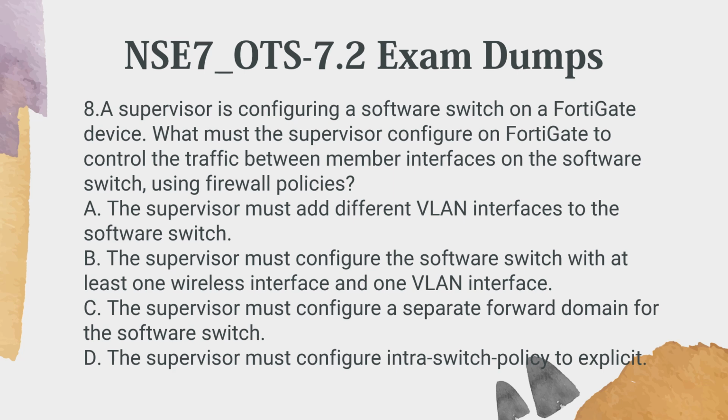B. The supervisor must configure the software switch with at least one wireless interface and one VLAN interface. C. The supervisor must configure a separate forward domain for the software switch. D. The supervisor must configure intra-switch policy to explicit.